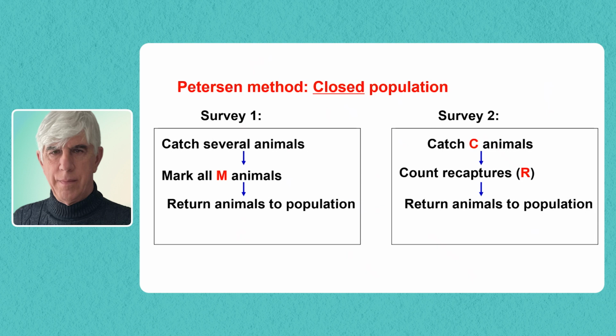Then you return the animals to the population. You leave a reasonable amount of time, and then you make another capture, which is called the recapture. You count, out of the animals that you have recaptured, how many were captured the first time.